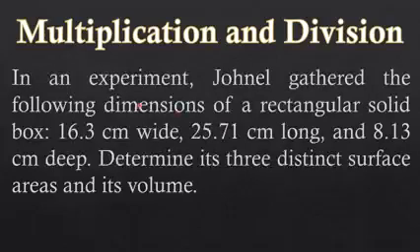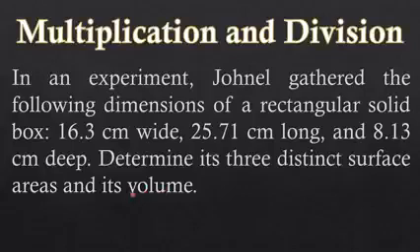In an experiment, Journal gathered the following dimensions of a rectangular solid box: 16.3 centimeters wide, 25.71 centimeters long, and 8.13 centimeters deep. Determine its three distinct surface areas and its volume. So here naman, kukunin natin yung tatlong distinct surface areas ng ating rectangular solid box or rectangular prism.